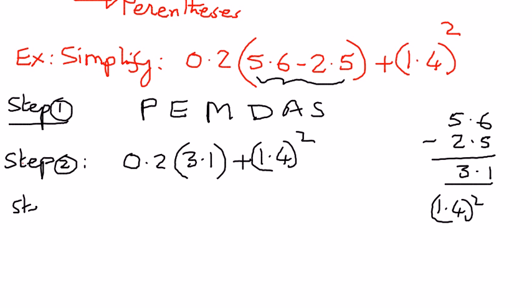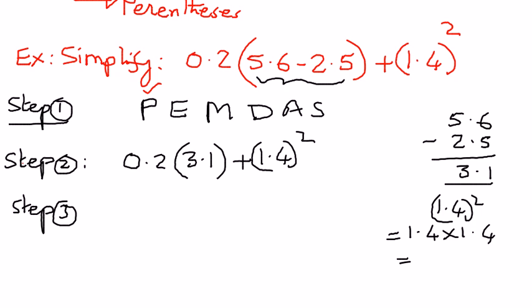In step number 3, we want to expand the exponent. First we simplified the numbers inside the parentheses. Now we are looking at the exponential part. Here we have 1.4 raised to the power of 2. So what does that mean? This means 1.4 times 1.4.